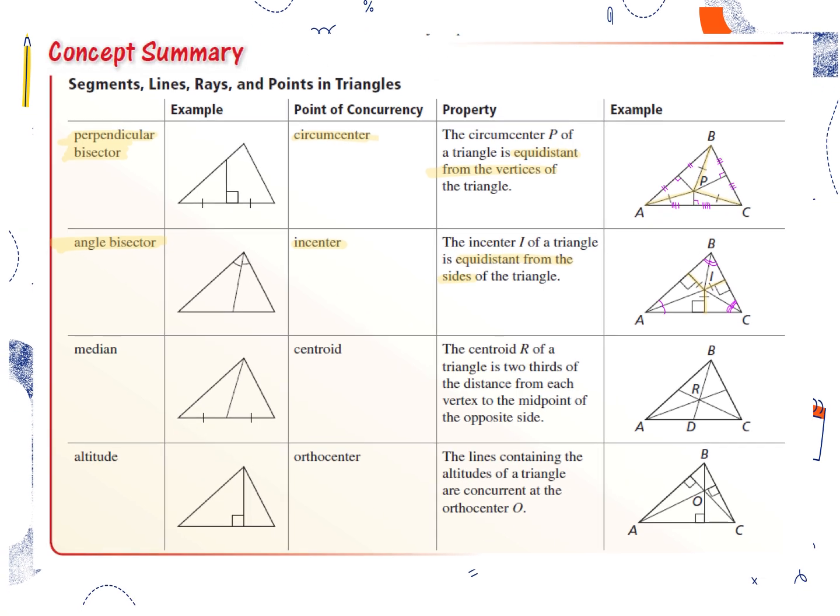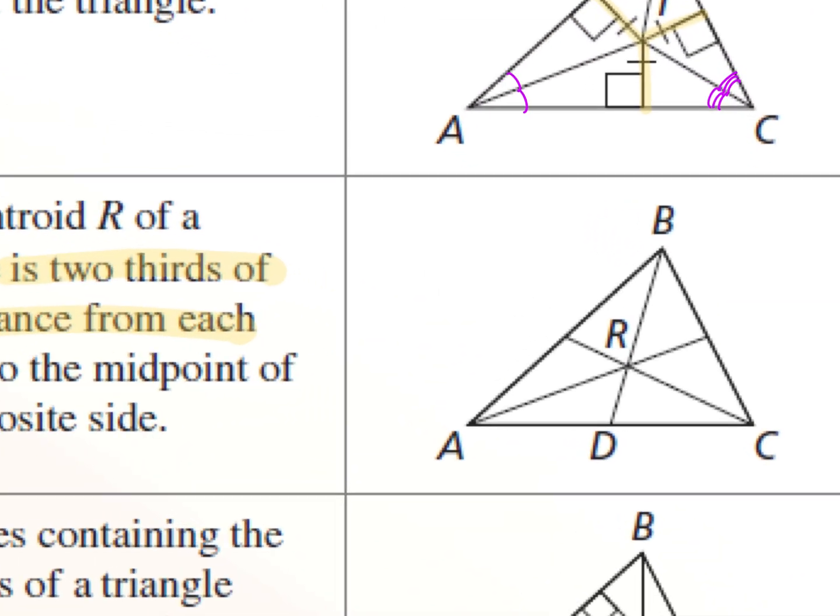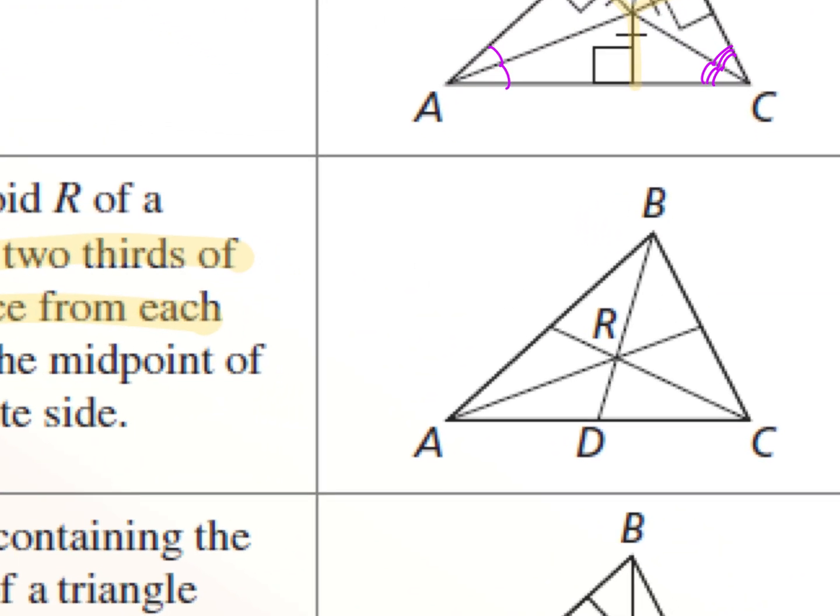The two that we covered today: we have centroid, which deals with my medians. From the vertex to the centroid is 2/3 of the median. So from my vertex to my centroid, this is 2/3, this is 2/3, this is 2/3. Again, they could be different measurements. That means this is 1/3, this is 1/3, and this is 1/3.